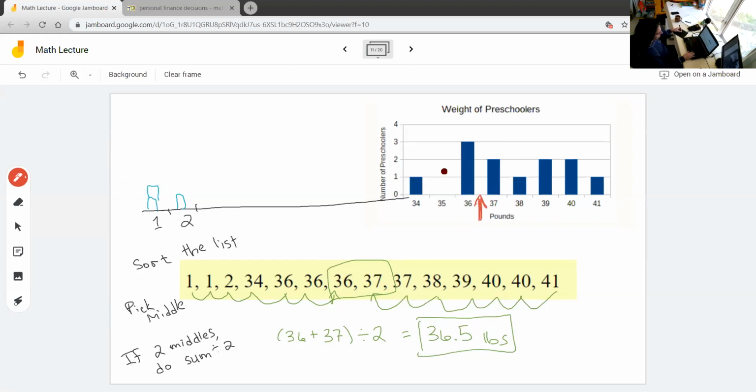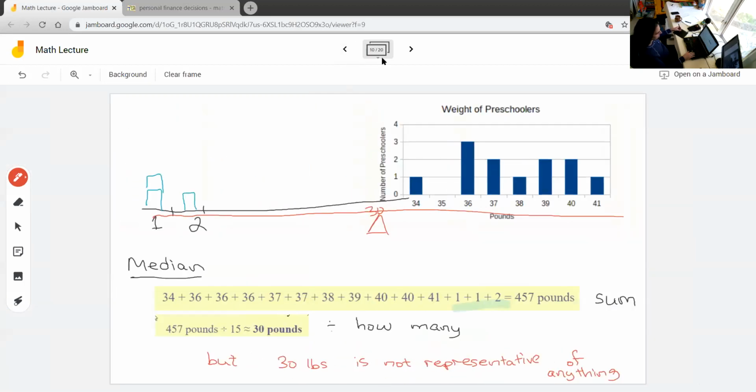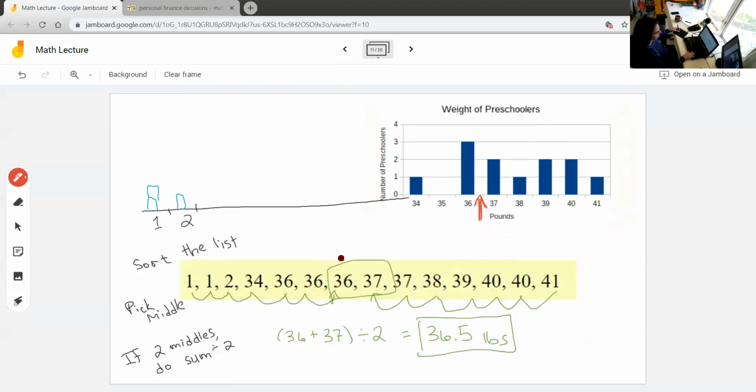But that's still a better number for this whole group, including the silly stuffed animals, than when we had 30 in the last slide. So you can see that it doesn't matter what any of the numbers are except for the middle. If these were also stuffed animals, it wouldn't matter. We're kind of tossing out the oddball ones. The only ones that really matter are the ones in the middle.